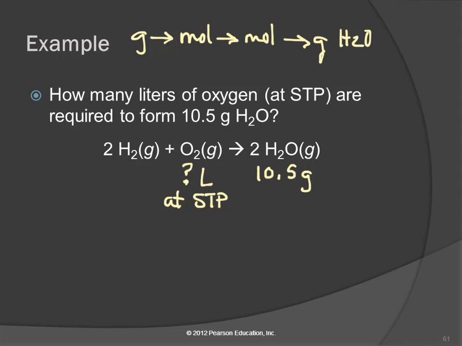Stop me when I do that. We know the grams of water. That's where we're starting. We can calculate moles of water. We can calculate moles of oxygen. But we're not trying to find the mass of oxygen. We're trying to find liters of oxygen at STP.